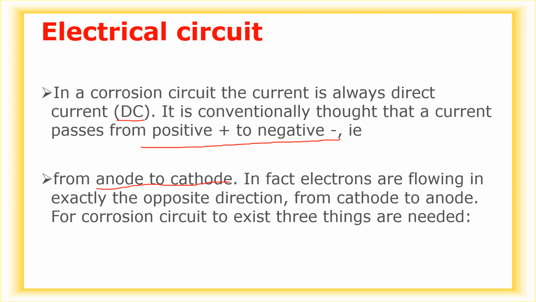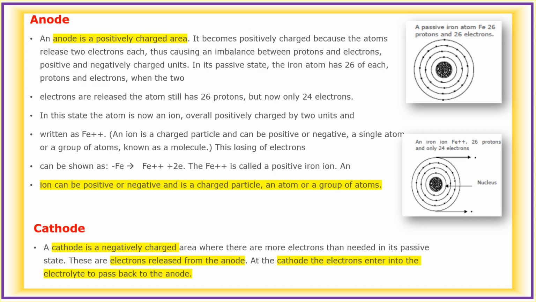In fact, the electrons are flowing in exactly the opposite direction, from cathode to anode. For a corrosion circuit, three things are needed: anode, cathode and electrolyte. So let me explain separately what is anode, what is cathode and what is electrolyte.